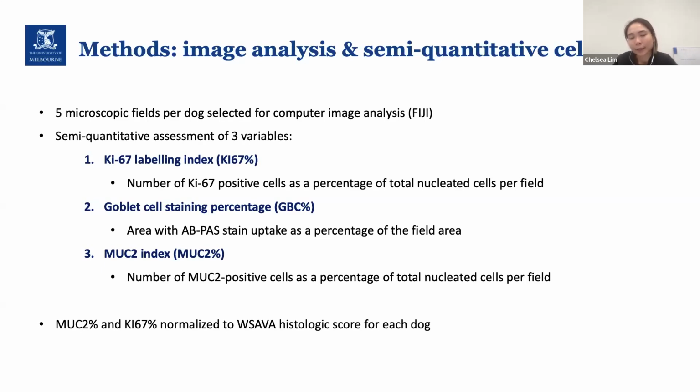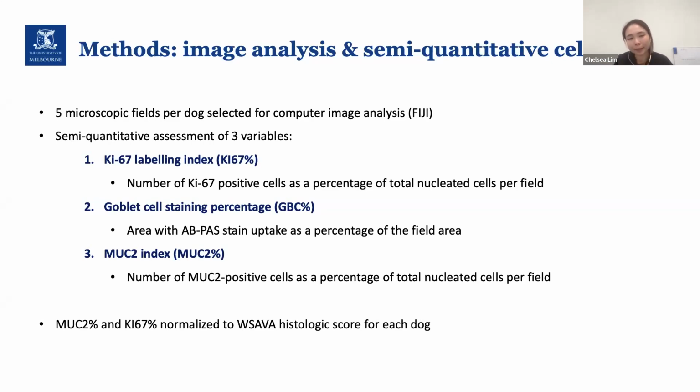These fields were then analyzed using Fiji, which is a computer image analysis program, to assess 3 variables. The first being the Ki67 labeling index, the second being a goblet cell staining percentage, and the third being the MARC2 index. Normalized MARC2 index and Ki67 index results were generated by dividing the result by the respective WASAVA histologic score for each dog.